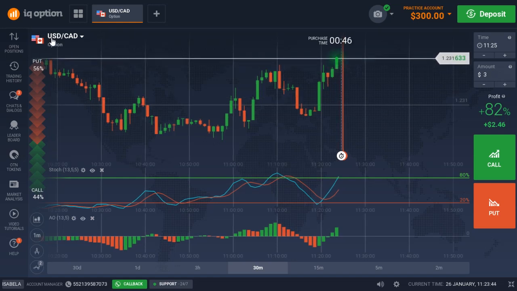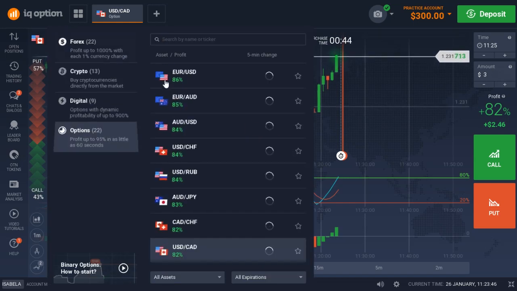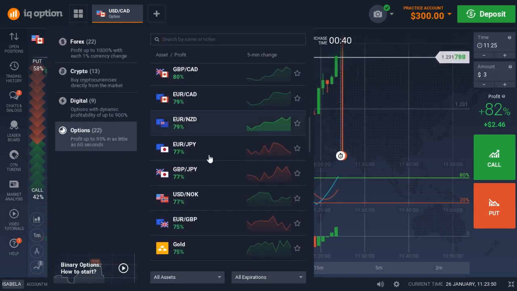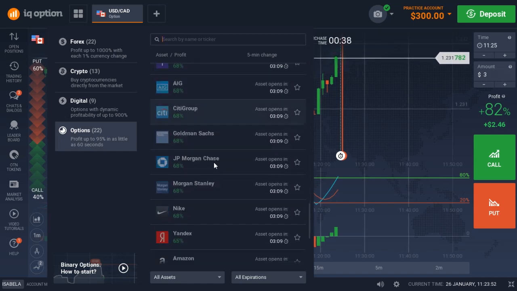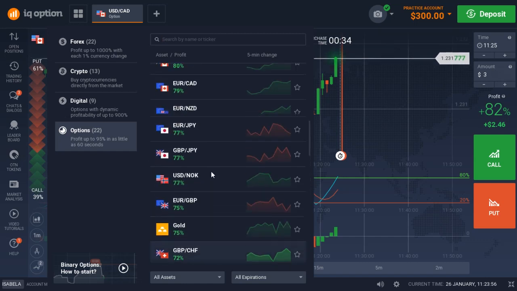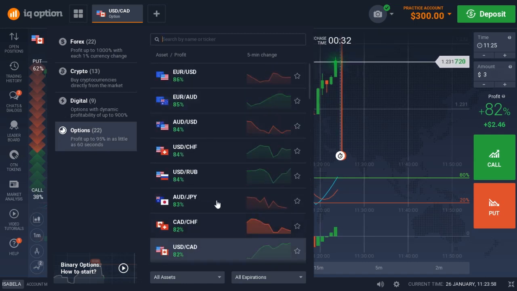Okay, so if we go up here and pull down all the available options, I don't trade stock options. I only do currency options. Okay, so this strategy is for currency options only.